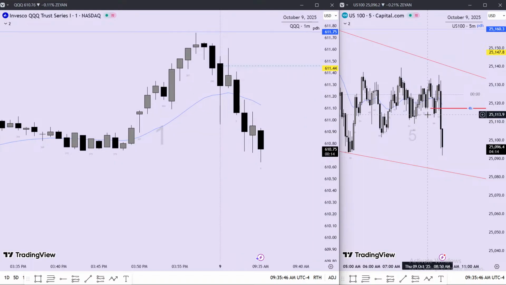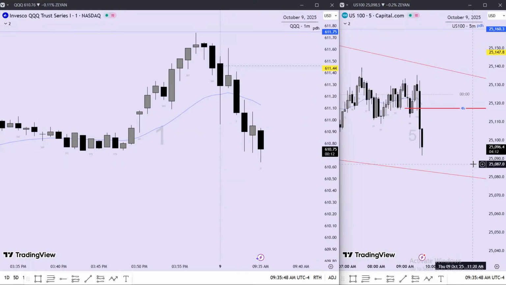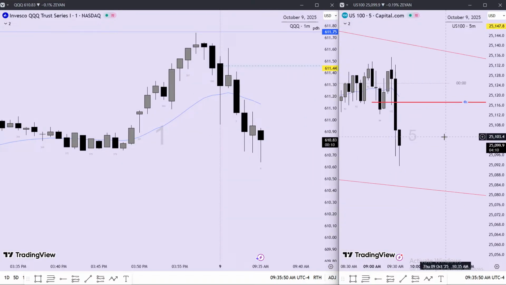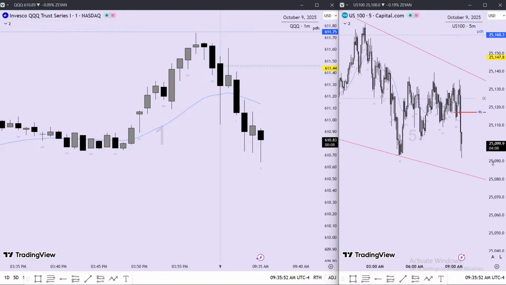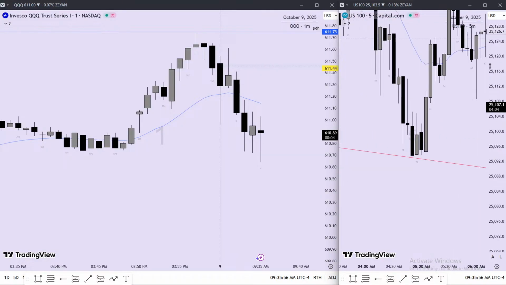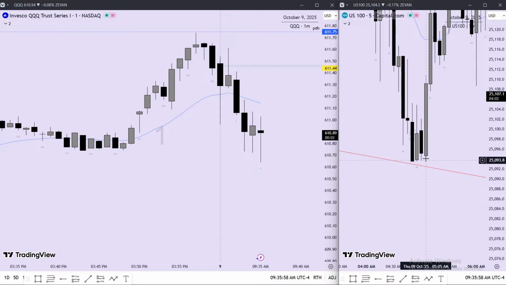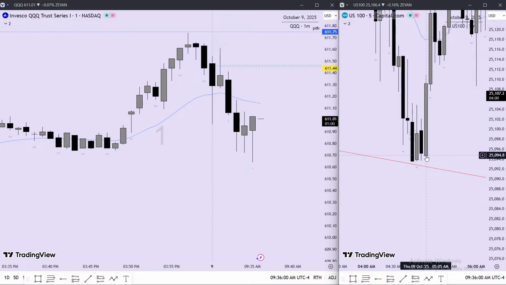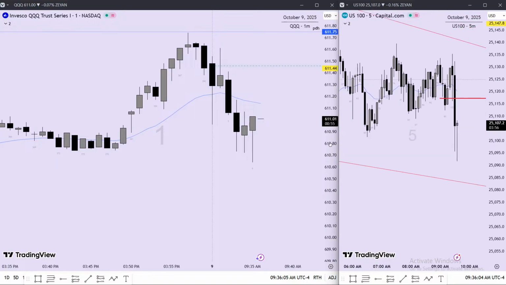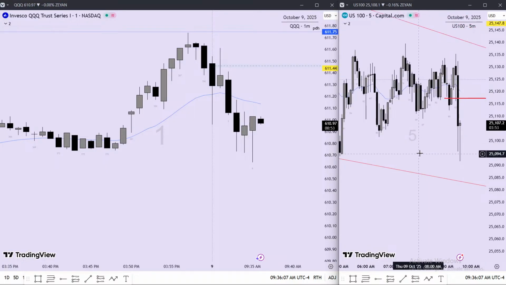So it's better to assume that we are still ranging. This candle was inefficient and we have cleared that out.